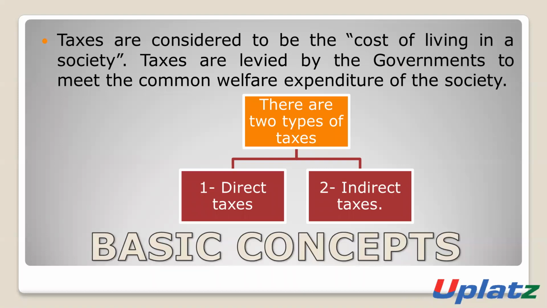Any income earned by a person will be taxed, and the amount of tax levied by the government will be used for social services or social activities, for example, the maintenance of roads, electricity, and some other monuments.